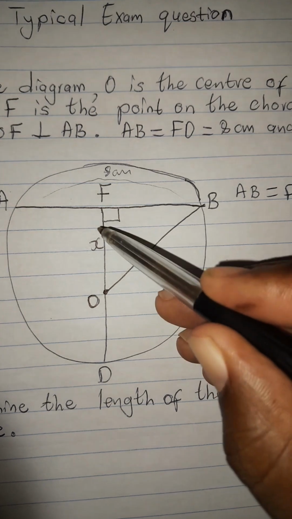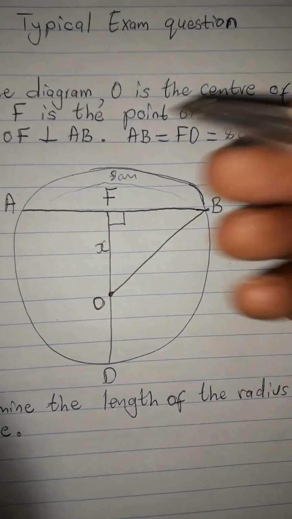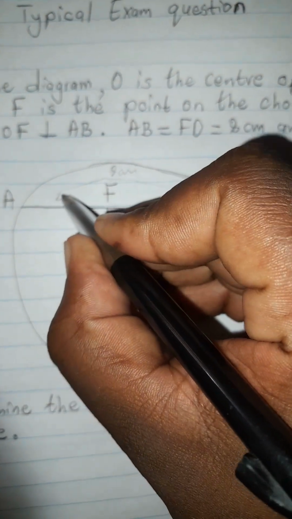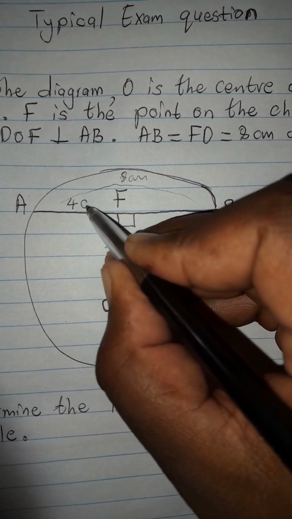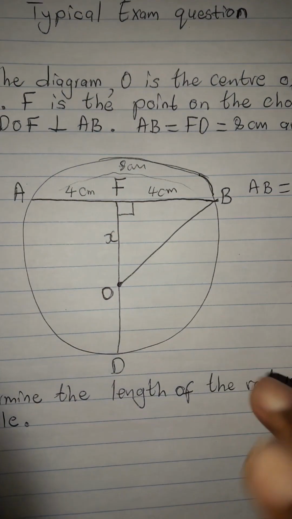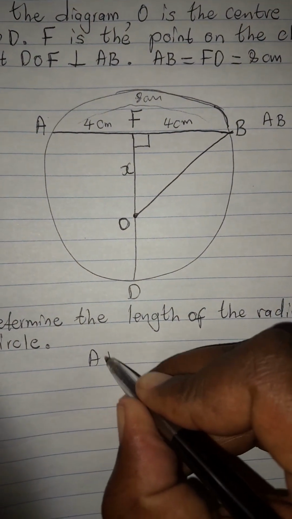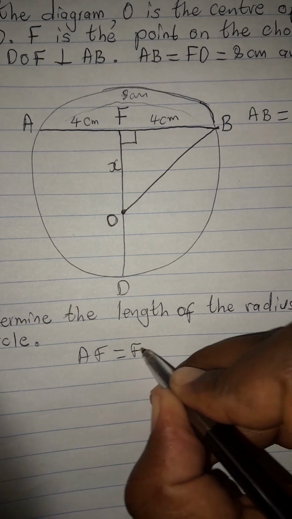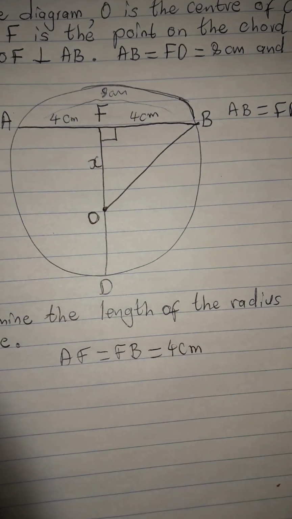Since a line drawn from the center of a circle is perpendicular to a chord, it bisects the chord, so the parts are equal. It makes this 4 centimeters as well as this 4 centimeters. So AF is equal to FB, which is equal to 4 centimeters.